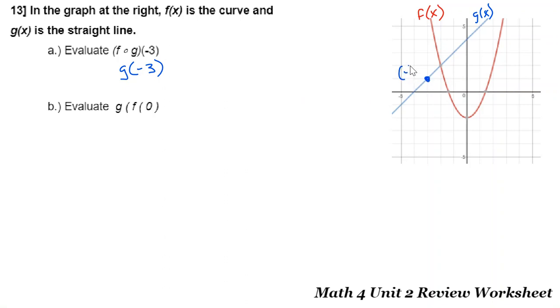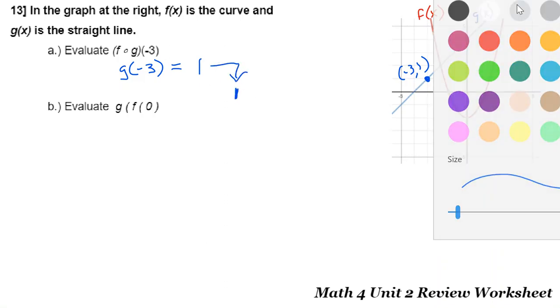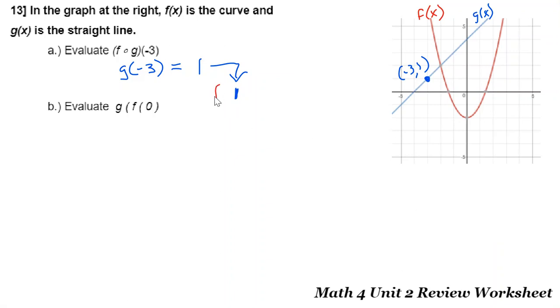And that's going to be -3 and 1. So that means that it becomes a 1, and then we're going to take the 1 and plug it into the f function and figure out what happens when x is 1 on the f curve. X is 1, +1 right there. He is 1 and -1. So that means that my final answer is -1.